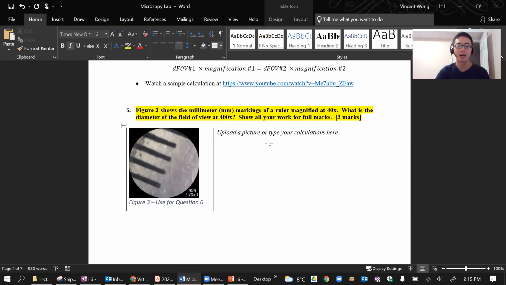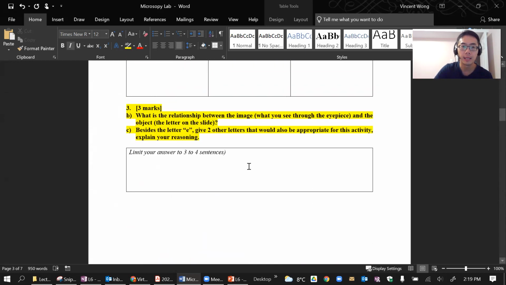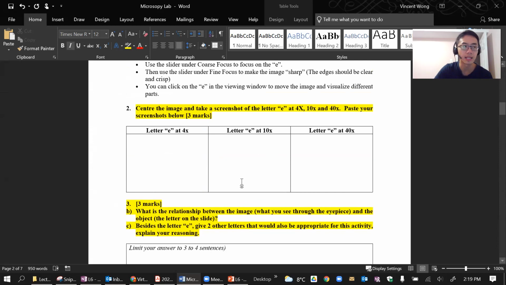You write the calculations and then you put a picture in here. Okay, again, crop it, make it nice. But you can type it in as well, if you want, like 200 divided by 50 equals 2. You can do it like that as well. Okay, but writing is probably easier. So there's some calculations, and then there are some theory questions as well.